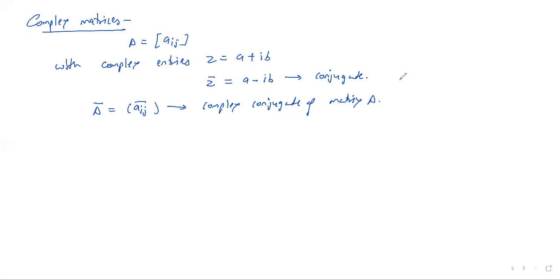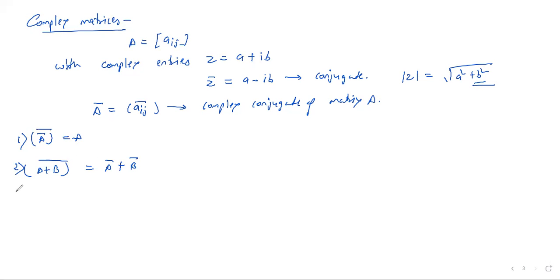We can find the modulus of z by mod of z equals root of a square plus b square. Now there are some properties of these complex matrices. First, the conjugate of A's conjugate is equal to A. Second, the conjugate of A plus B is equal to A's conjugate plus B's conjugate.